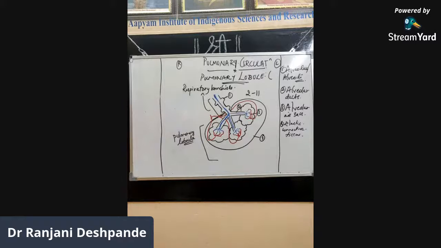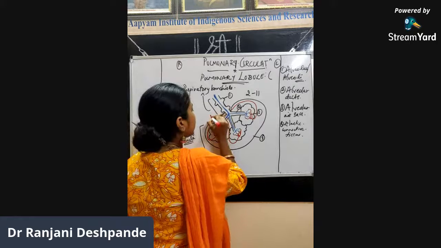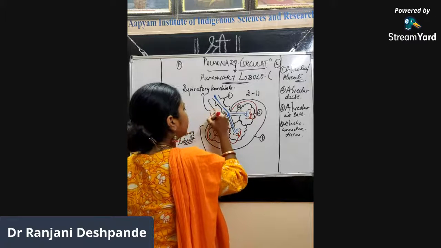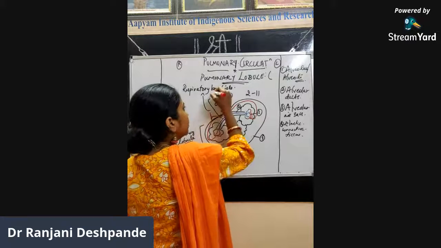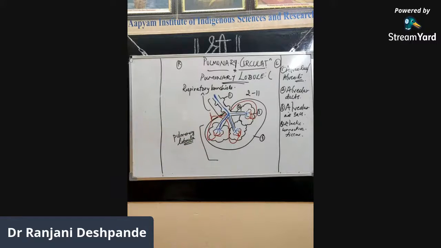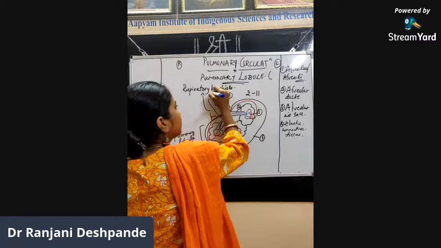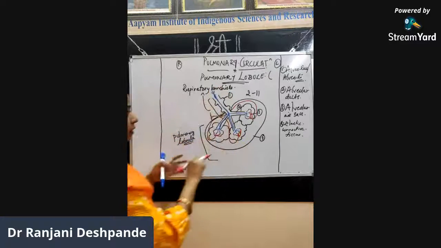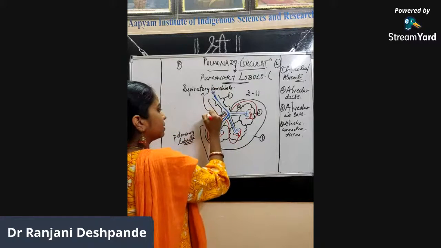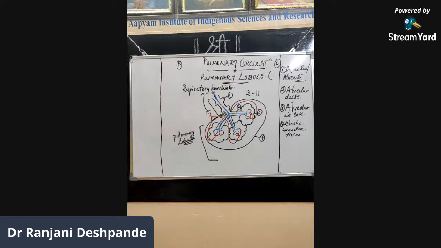Each of these venules will join to form the main pulmonary venule. So the arteriole is entering and the venule is leaving the pulmonary lobule.